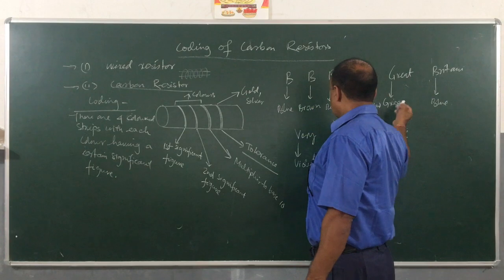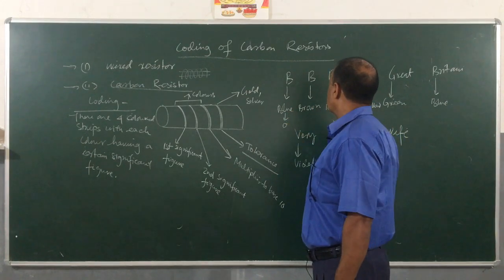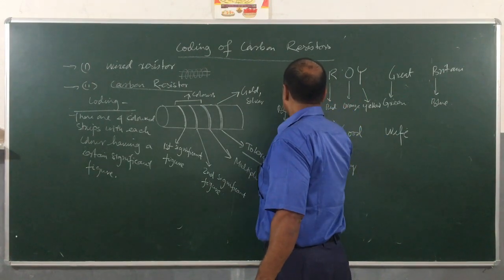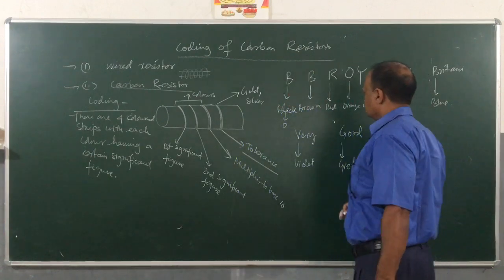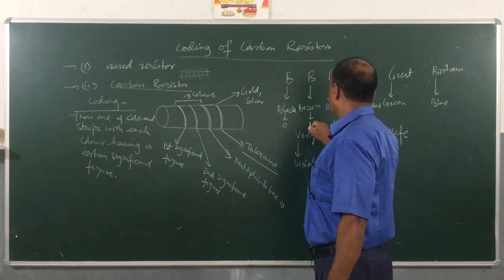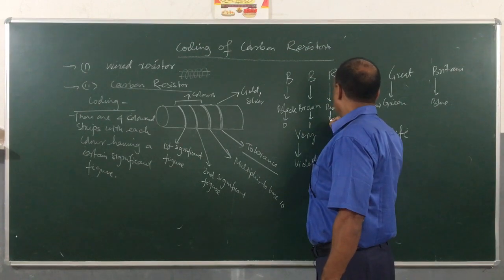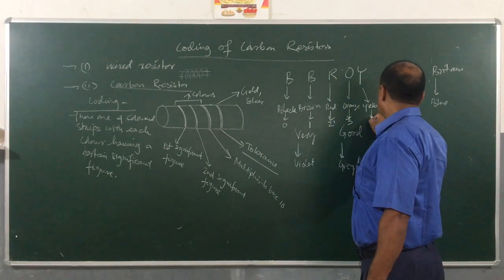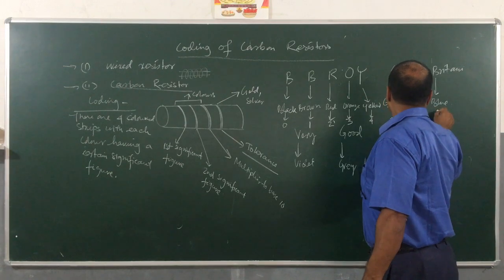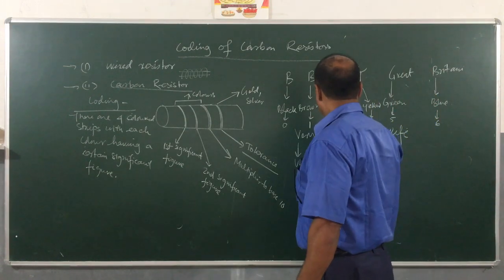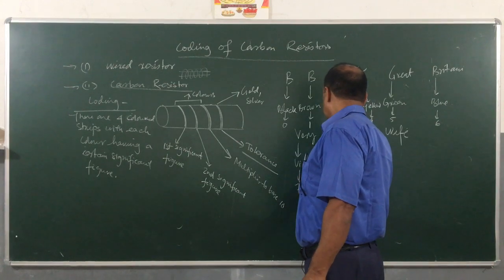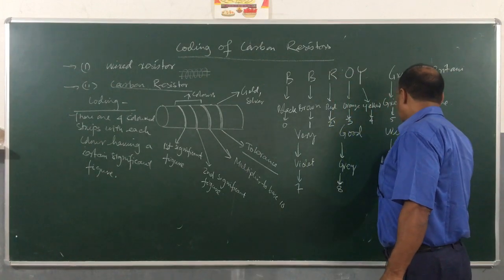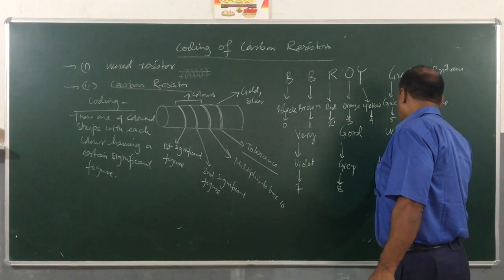So what significant figures will be assigned to them? Very easy. It will be 0 to 9. Black will be 0, brown will be 1, red will be 2, orange will be 3, yellow will be 4, green will be 5, blue will be 6, violet will be 7, grey will be 8, and W, children, is white, so white will be 9.